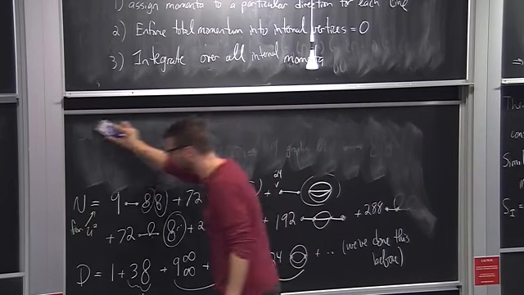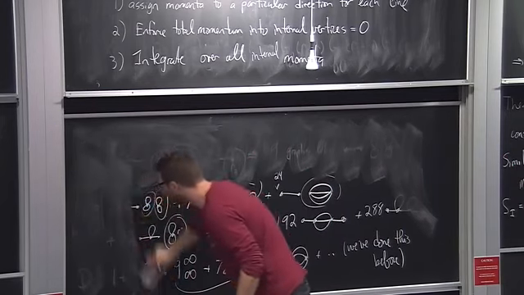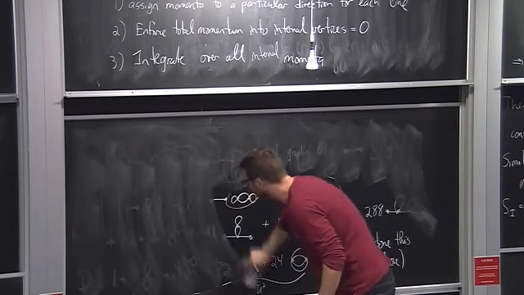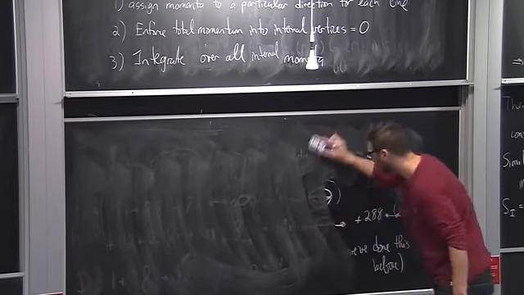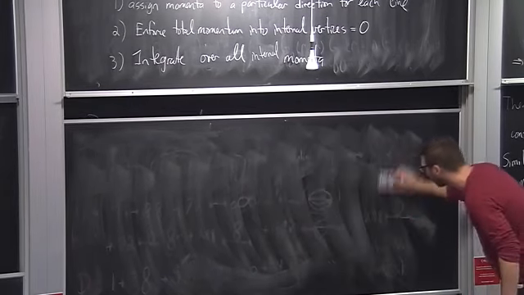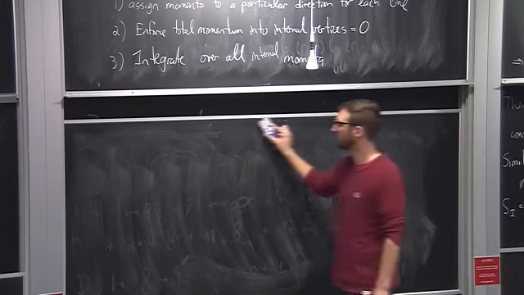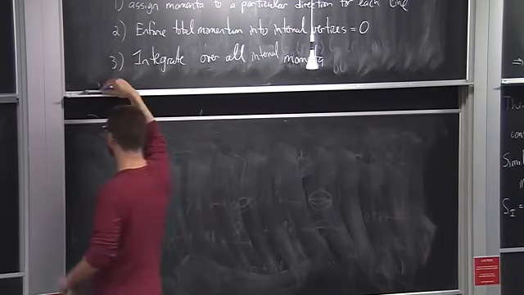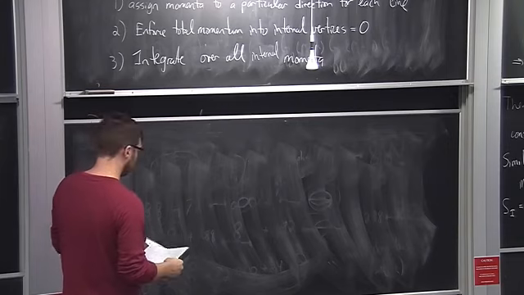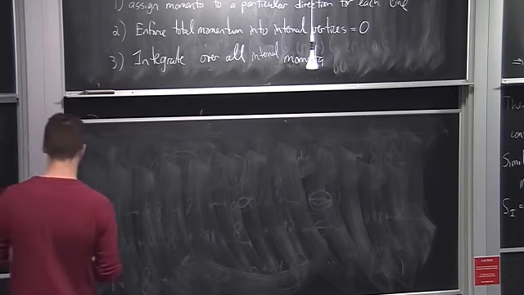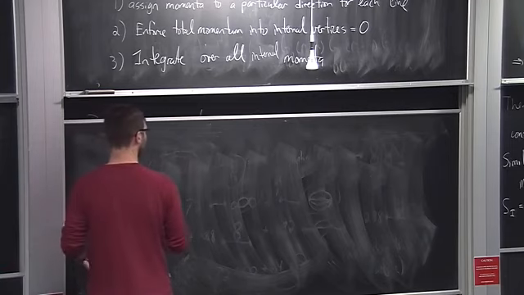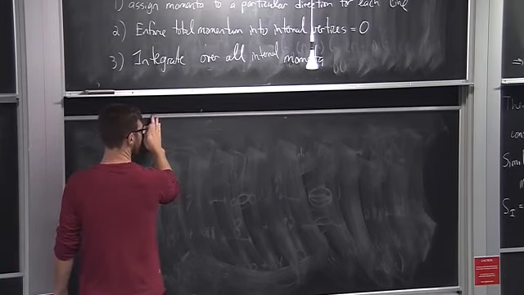And the advantage of knowing these rules is when you go to more complicated diagrams, you can just perform the momentum space calculation really quickly. I won't do the explicit calculation because I've already bailed on that. So let me just show you what a more complicated diagram looks like.